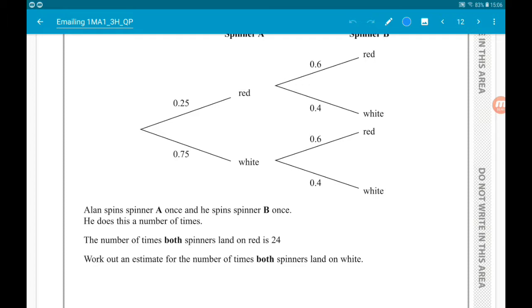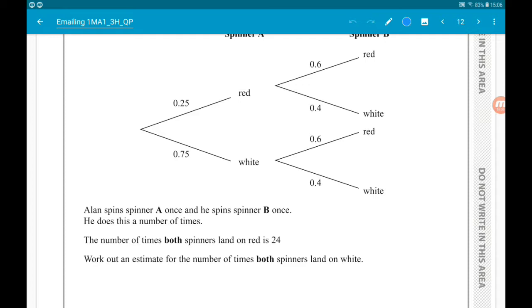We are told Alan spins spinner A once, and he spins spinner B once. He does this a number of times. The number of times both spinners land on red is 24. We want to work out an estimate for the number of times both spinners land on white.